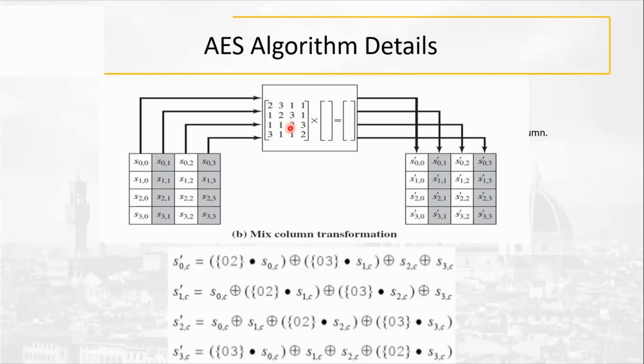But here we have to apply just a bit of a tweak in the AES algorithm. What you have to do is choose the first column. The first column's size is 1 by 4. Is it correct? I'm sorry, 4 by 1.